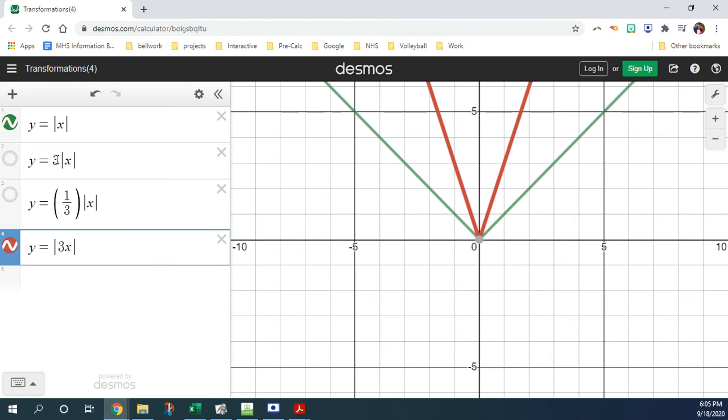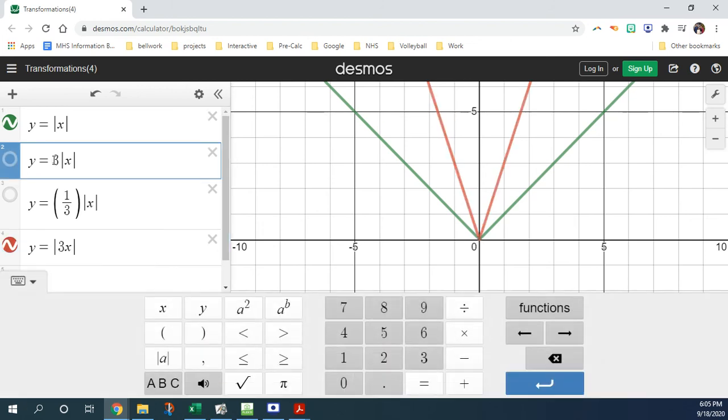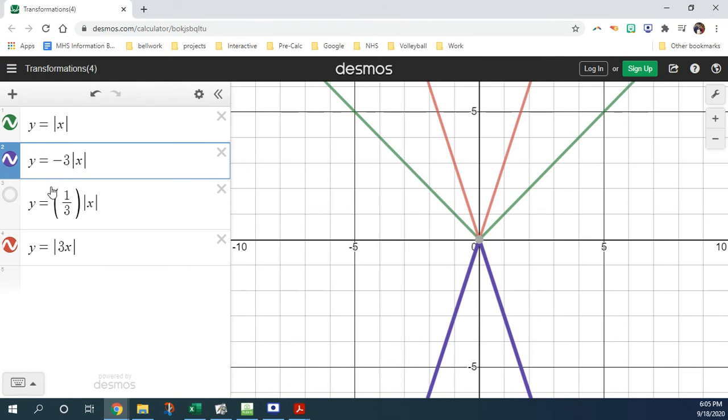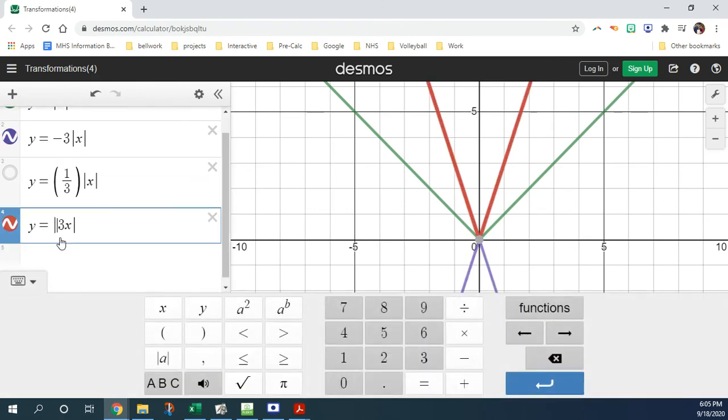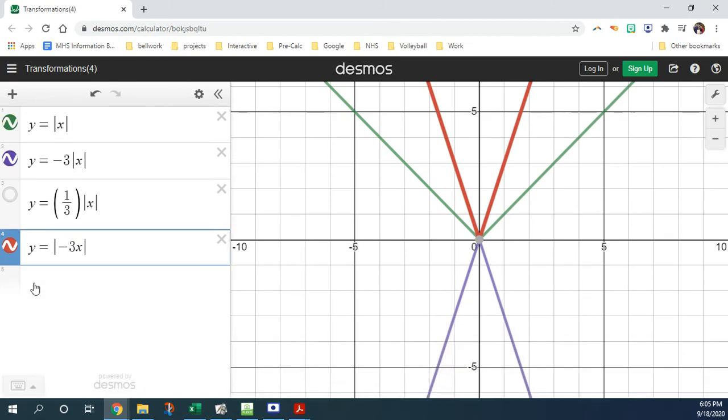Now, that wouldn't always be the case. So notice that if I have a negative on the outside of my graph, it's going to be a reflection across my x-axis. But if we have a negative on the inside of our graph, notice that it's not going to change our original parent function.